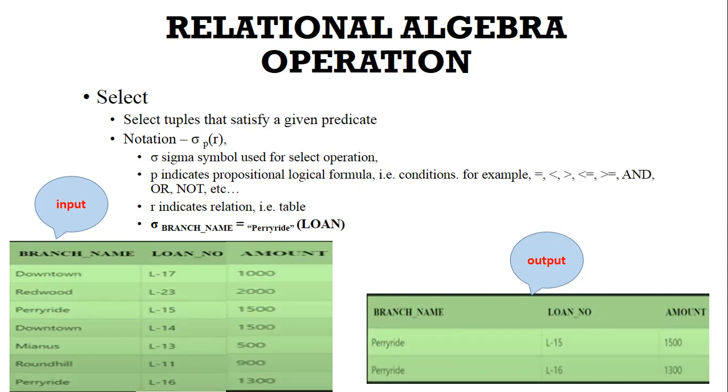Here, what we require is to identify the loan amount of a particular branch name. So we give it as select branch name equal to that particular name. Here I want to select the Perryridge branch name, so about the loan amount. The output will be mentioned as Perryridge, with the loan number and amount.